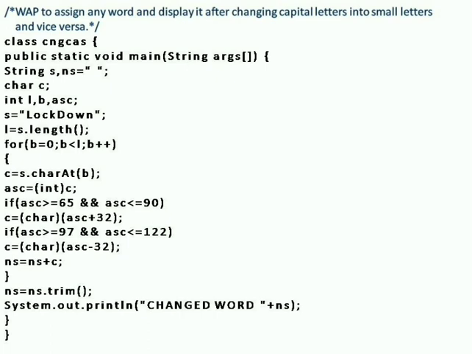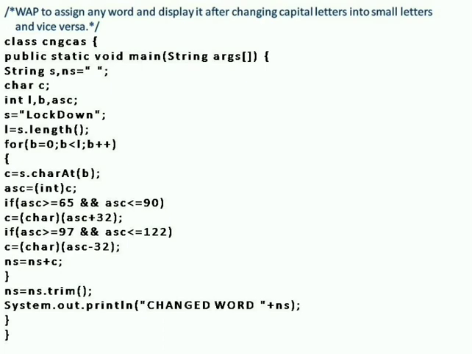That means the ASCII code of that letter is added with 32, which will make the ASCII code of the small letter. Now this ASCII value will be converted back into character form because of this char within bracket, which is again type conversion. So if it is a capital letter, it is converted into a small letter now and stored in the variable C.